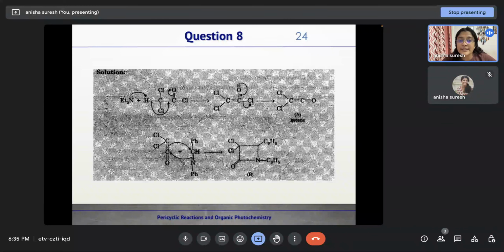Now we are having this ketene and this is the alkene we are having. So it will undergo a 2 plus 2 cycloaddition reaction resulting in the formation of this amide, cyclobutane amide.